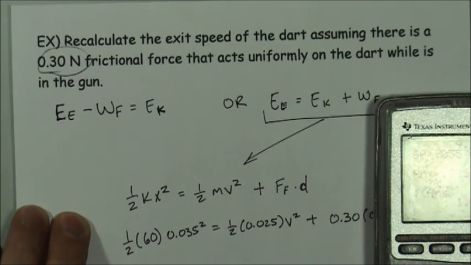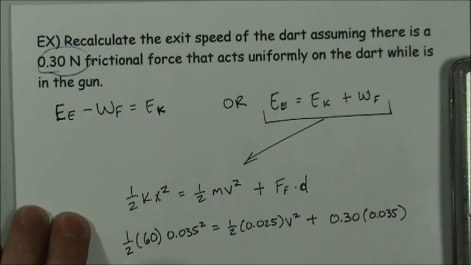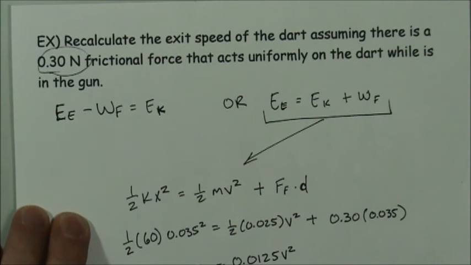So 60 divided by 2 is 30 times 0.035 squared, and that is 0.03675. This guy, 1/2 times 0.025, is 0.0125 v squared, and 0.3 times 0.035 is 0.0105.